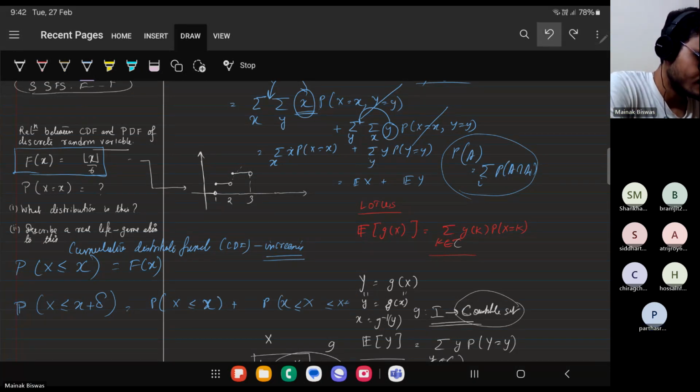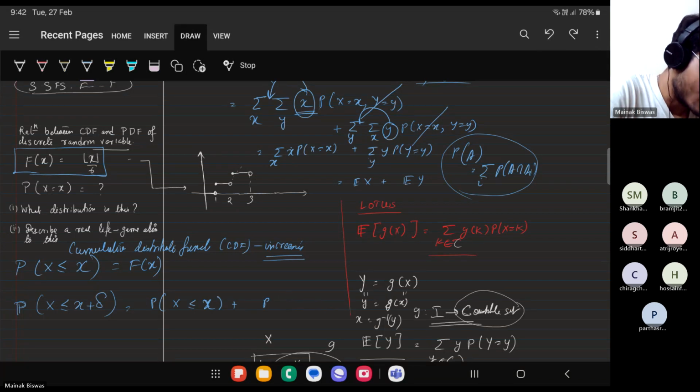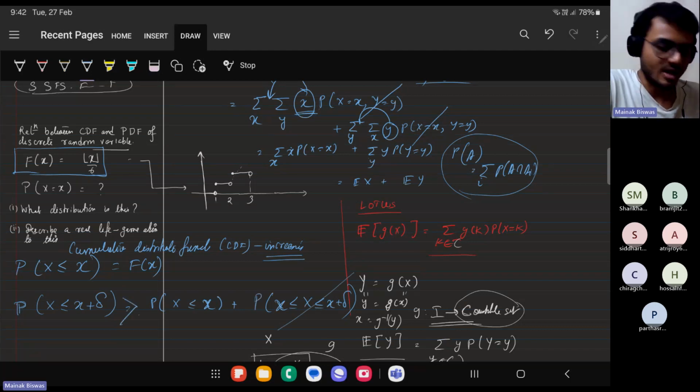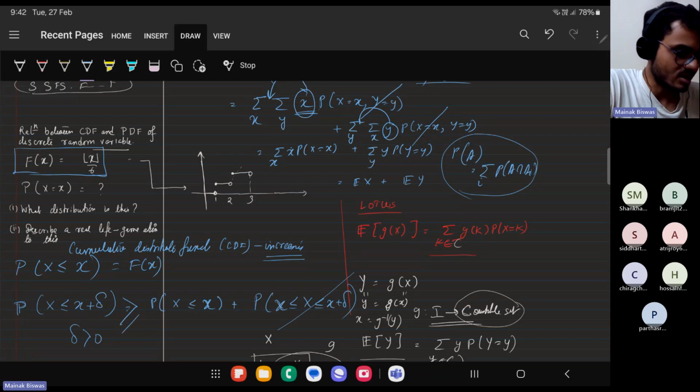So if I remove this, it is greater for delta greater than 0. So it's an increasing function.